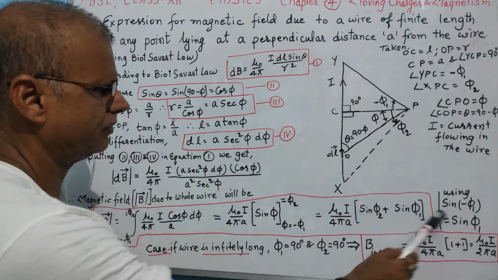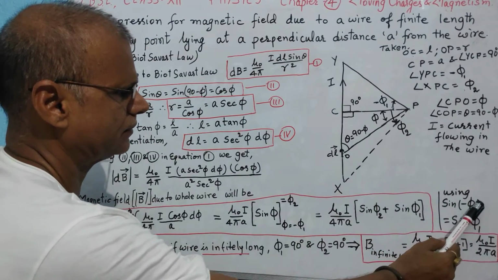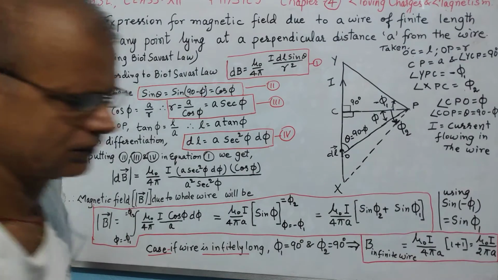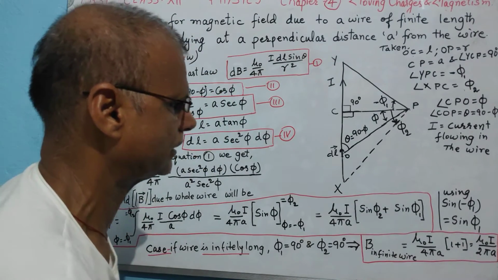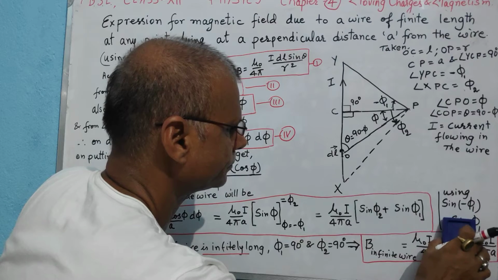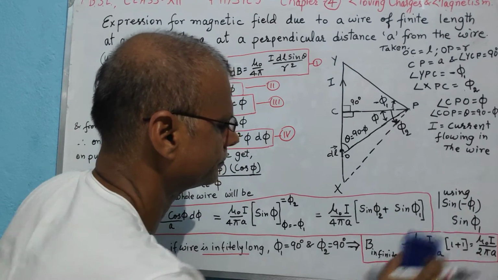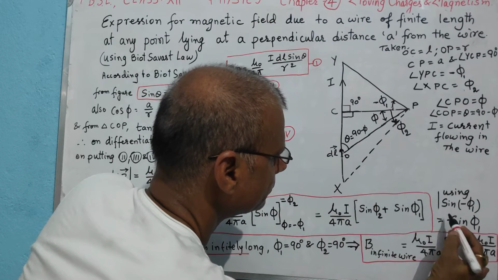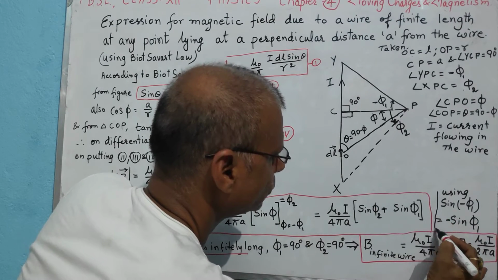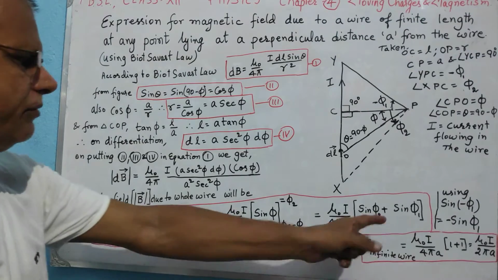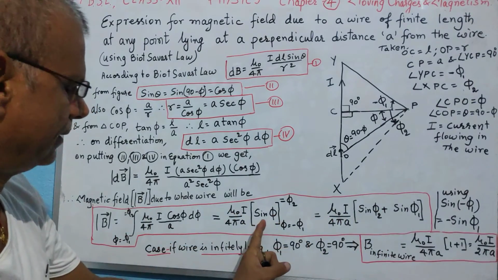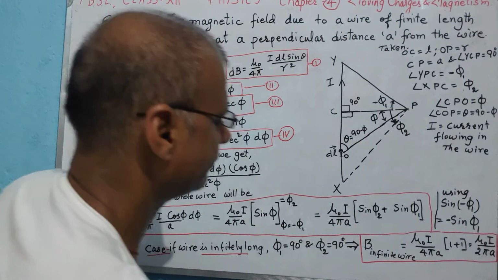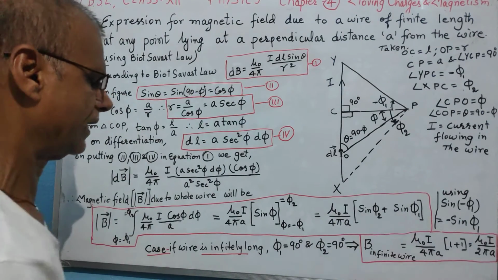Here you see we have used this relation, sin minus phi 1 is equal to minus sin phi 1. Once we feed this value over there and the minus over here, both cancel each other, and we are left with sin phi 2 plus sin phi 1.